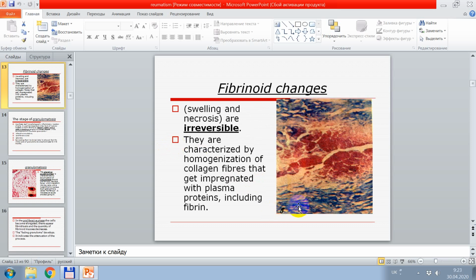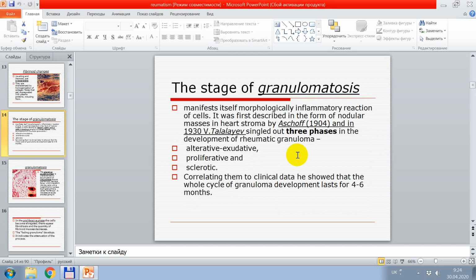The second stage of morphological change in connective tissue in rheumatism is fibrinoid change, or swelling and necrosis. This is an irreversible stage. It is characterized by homogenization of collagen fibers that get impregnated with plasma proteins, including fibrin. The stage of granulomatosis manifests itself morphologically as inflammatory reaction of cells.